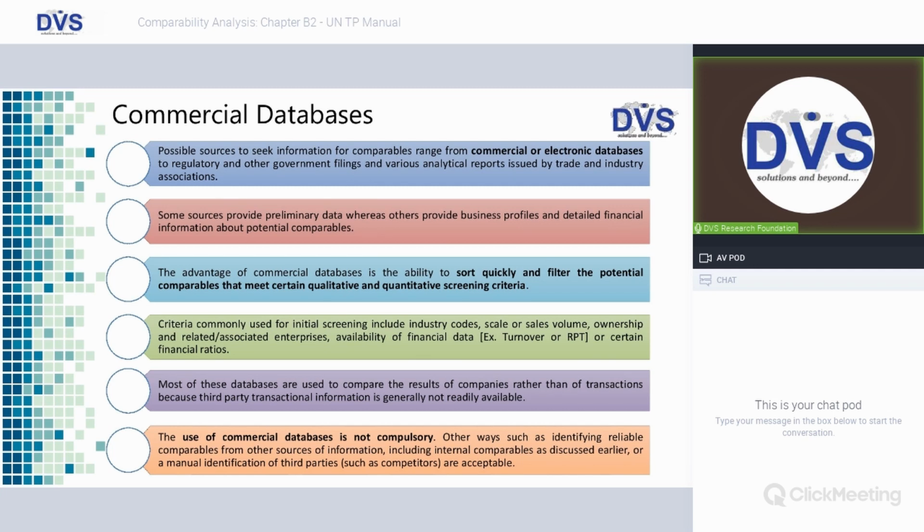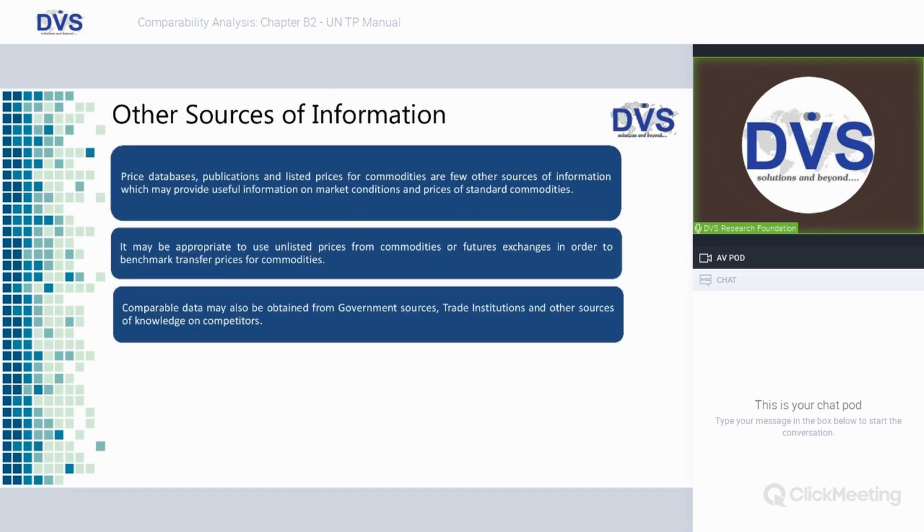After applying these quantitative filters, lastly we need to apply a qualitative filter to arrive at a final set of comparables. That set of comparables may or may not have company A or B, but that is not wrong, because that is the approach followed by the department as well while using the TNMM method. So that approach is acceptable even though your company A or company B, which you thought would be comparable, are not available after using the screening process in the database.